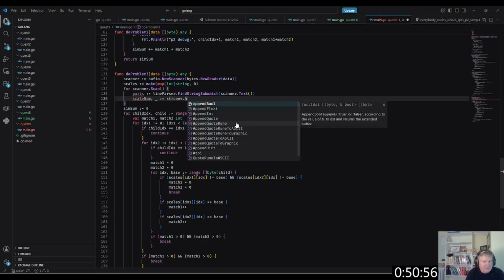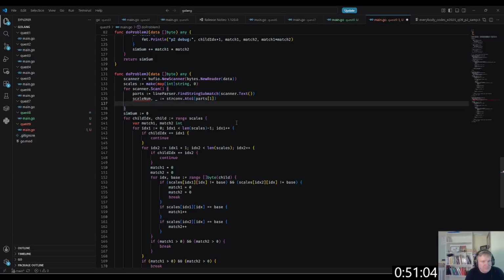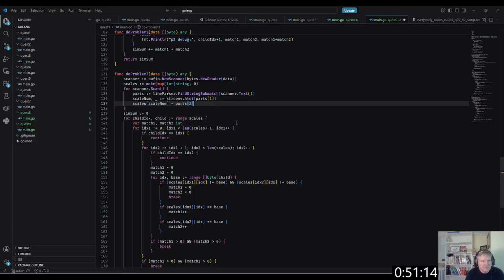Strconv.Atoi parts 1, and then scales bracket scale num equals parts 2. Okay.